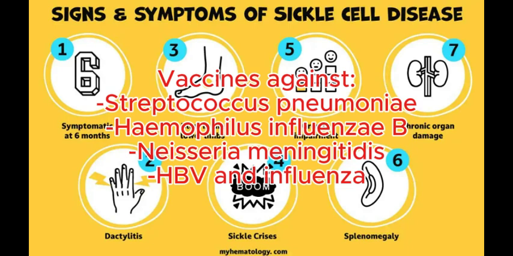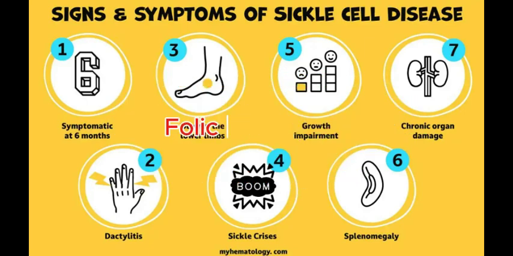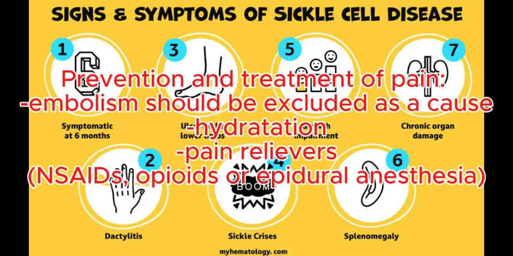In some places, prophylactic administration of oral penicillin is carried out at least until the age of 5 years. Administration of folic acid orally. Prevention and treatment of pain: embolism should be excluded as a cause.